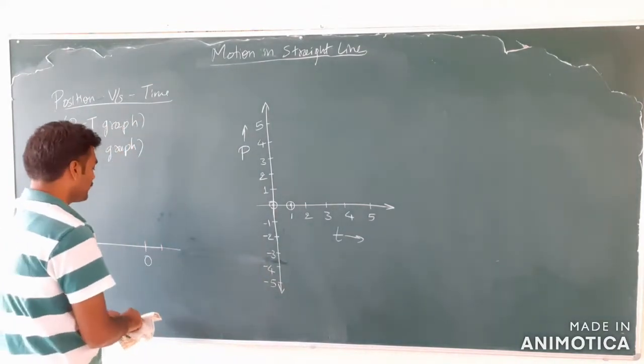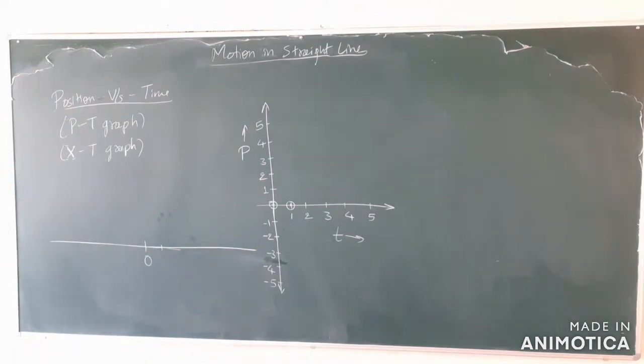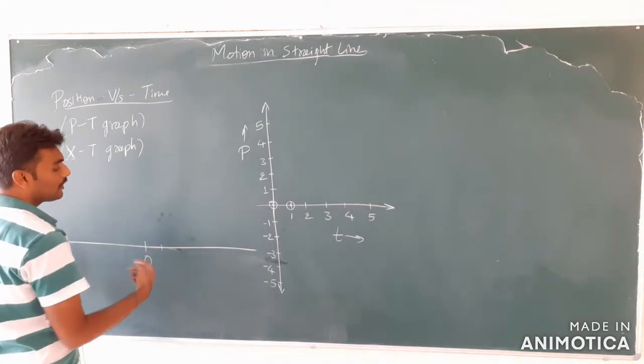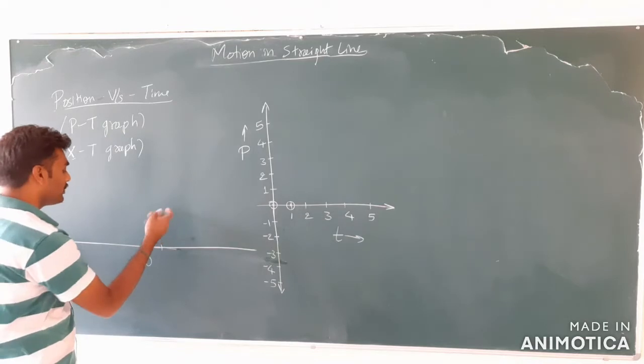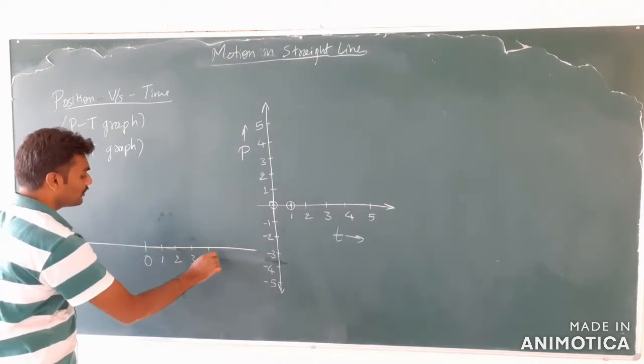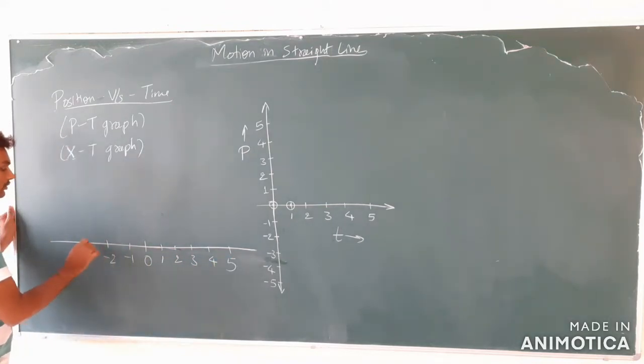Do you remember this? The railway track that we chose, and afterwards the railway track did not have any reference, so we put the numbers 1, 2, 3, 4, 5, -1, -2, -3, -4, -5.